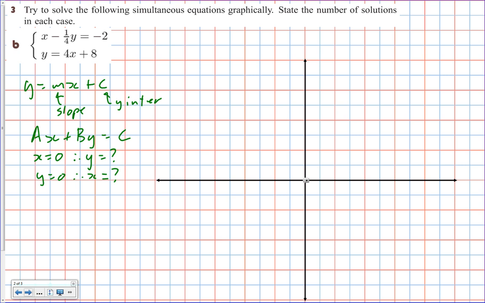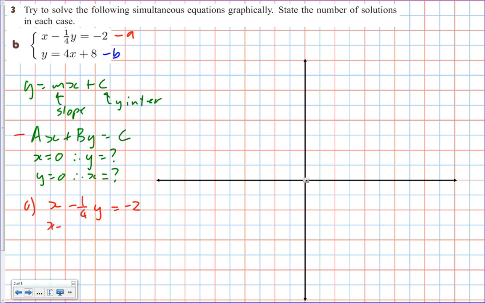That's how we do both of those. So I'm going to call that B, that A, so let's solve A first. A is x take a quarter y equals negative 2. That is in the form ax plus by equals c.